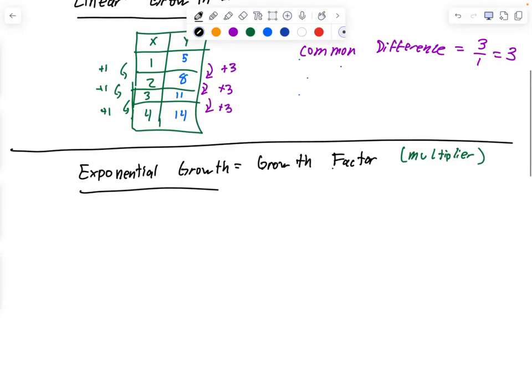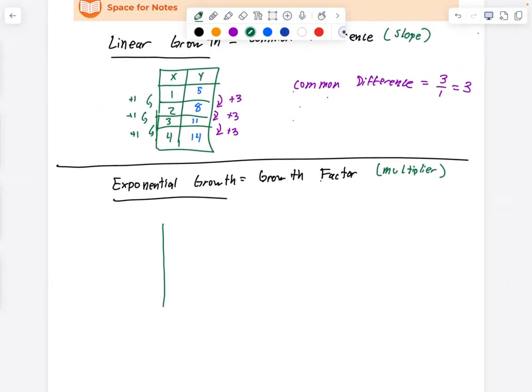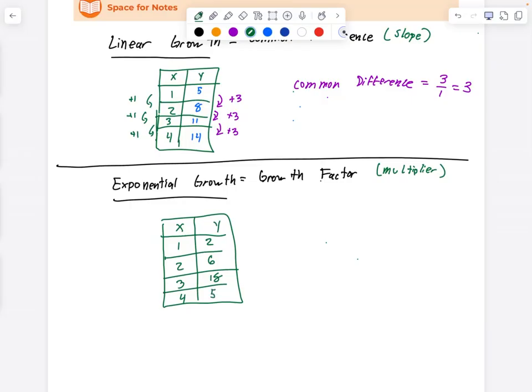So for example, in our table, if we make a table, and this is x and this is y, 1, 2, 3, 4. This might be, for example, 2, 6, 18, 54. So how do I find the growth factor? How do you think I find the growth factor in this problem?